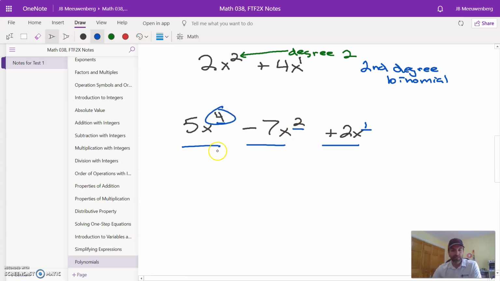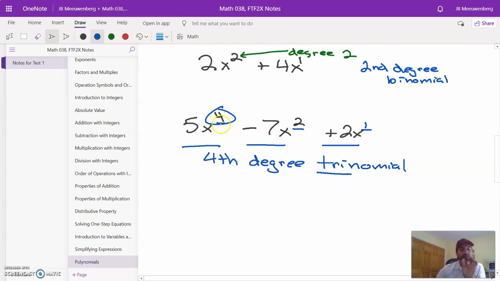So we would say that this thing is a fourth degree trinomial. Tri because it has three terms, fourth degree because it's the highest exponent. So that's how we talk about degrees. That's how we classify our polynomials.